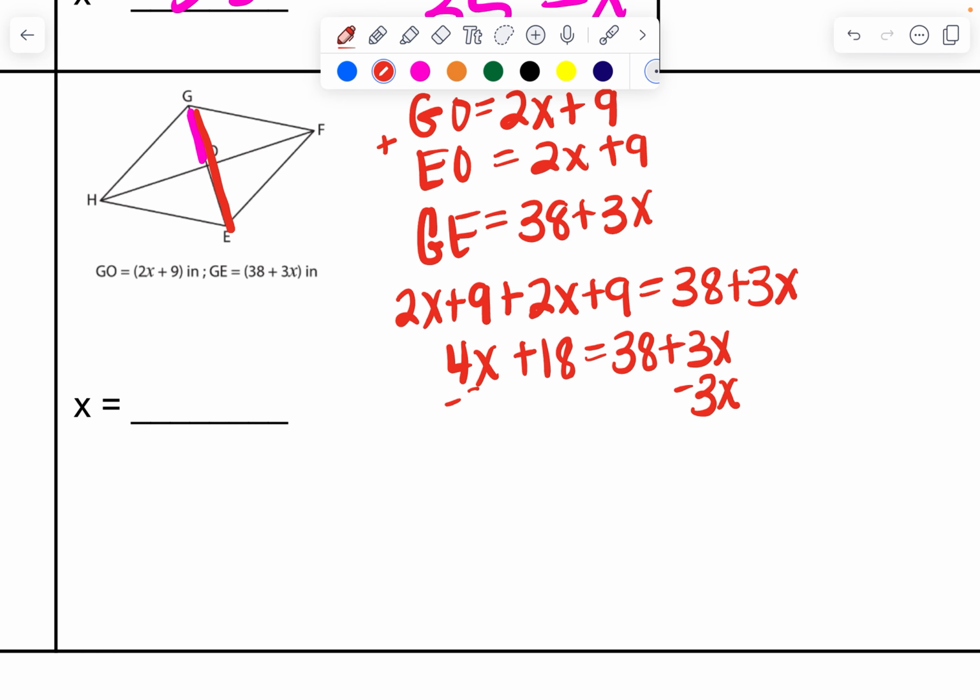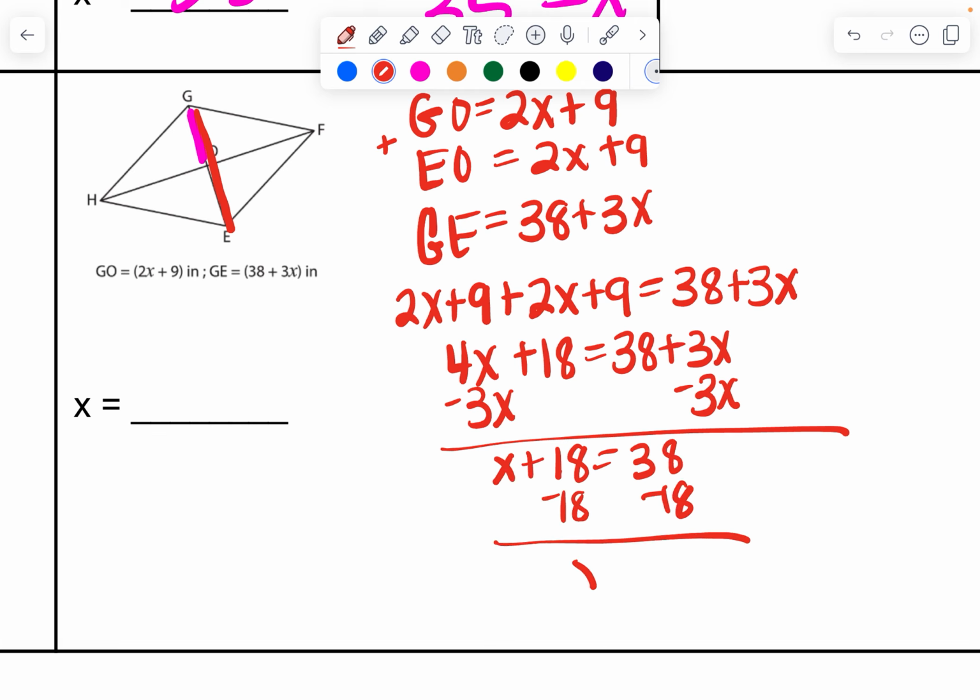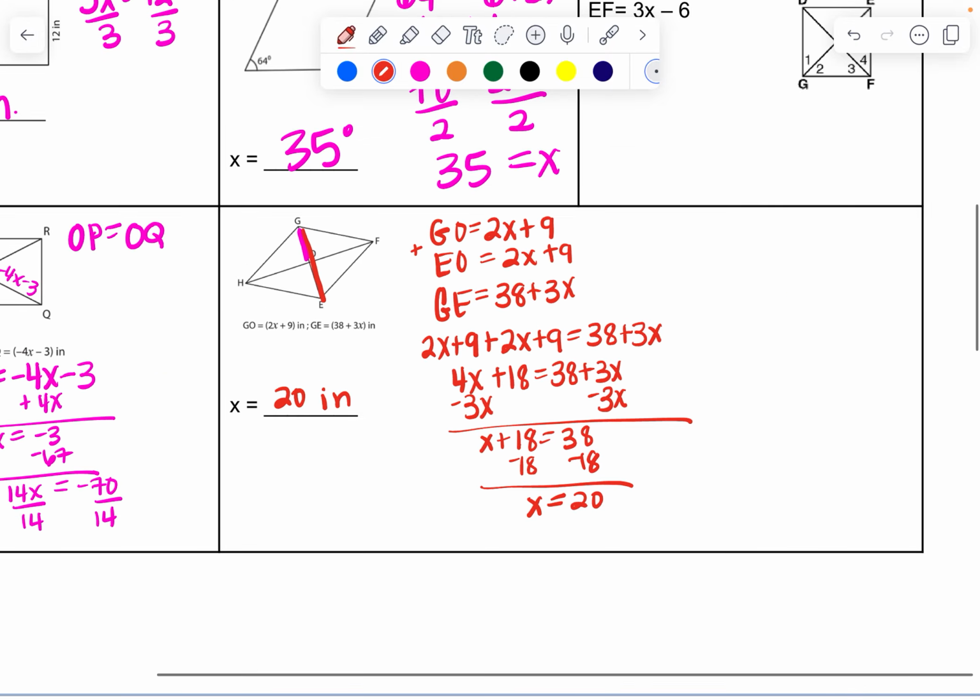Taking 3x from both sides, x plus 18 is 38. And then taking 18 from both sides, we'll get x is 20. So 20 inches. That one's a little bit harder.